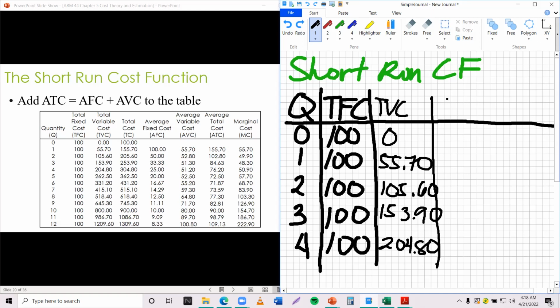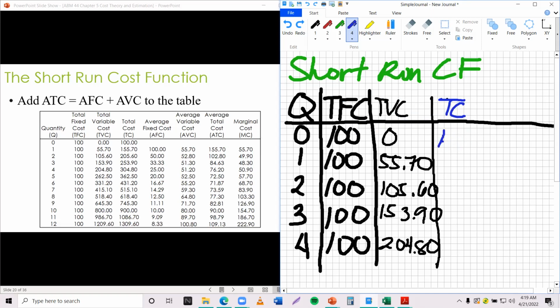So we just need to look for total cost, TC here. You just need to add these values, total fixed and total variable, to get the total cost.